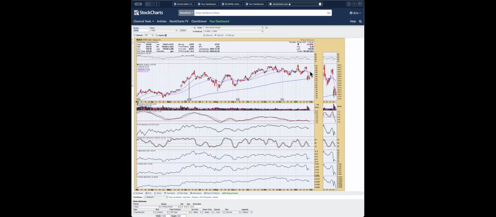That's something that we could see coming forth on NVIDIA. So there is that possibility of a gap up move. But given the way the PMO is acting and how it's dropped beneath the zero line, I don't have a lot of confidence in what's going on with NVIDIA.